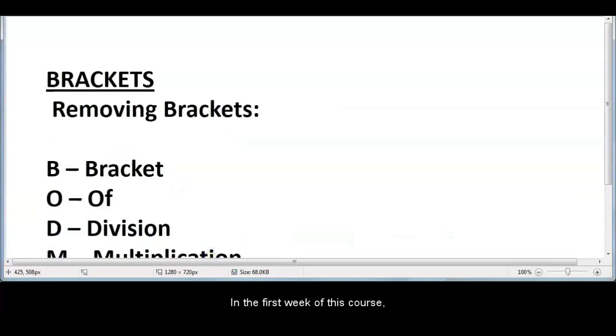In the first week of this course, we talked about BODMAS, where B stands for bracket. In any complex expression, bracket takes precedence over all other operations.